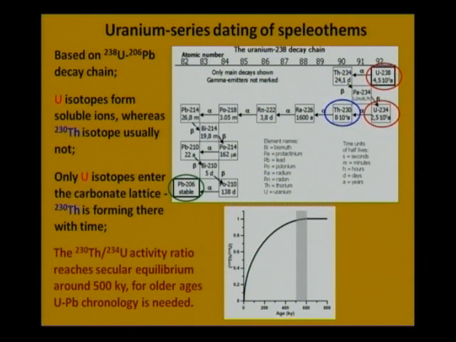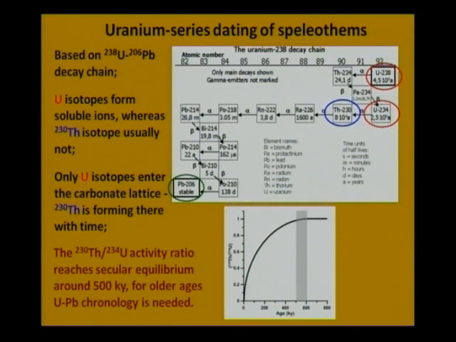Usually the uranium-lead method is based on two chains: 238 uranium to 206 lead, and 235 uranium to 207 lead. But usually we have very little 235 uranium in speleothems, and the amount of lead 207 is very small. So usually we use only the first chain for chronology.